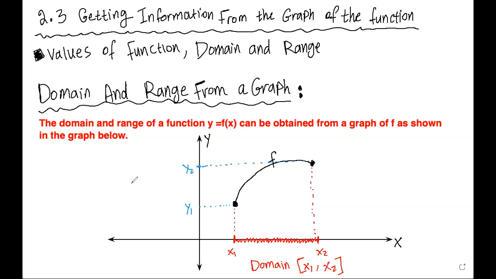So the range is the closed interval from y1 up to y2. Okay, so this is my range.